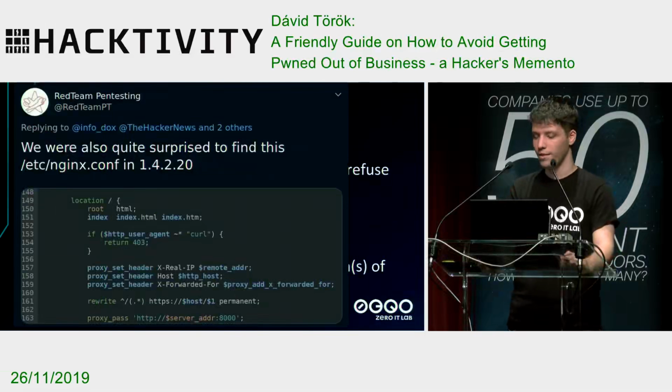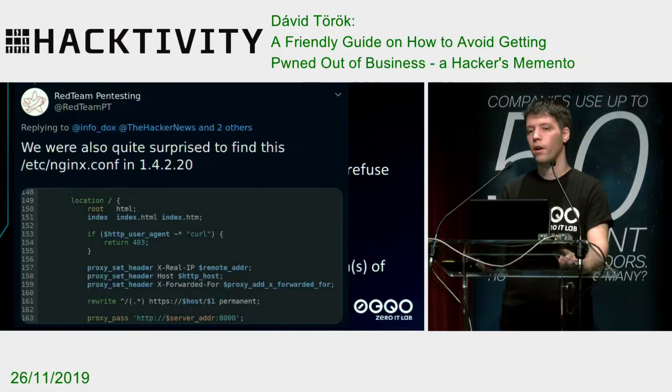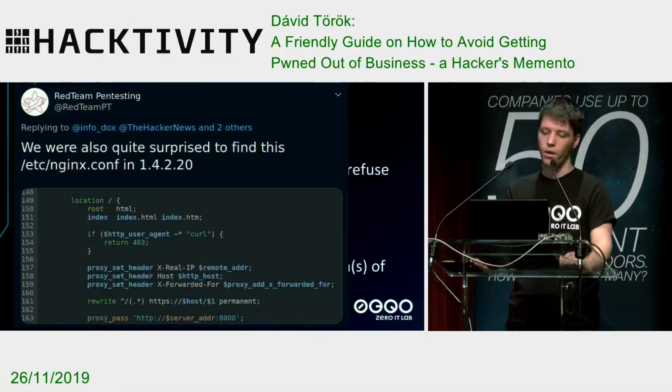Yeah, about bullshit fixes. Let me just show you this one. This was in one of Cisco's products. A researcher submitted an issue. Their proof of concept exploit used the well-known application curl, and their fix or firmware update contained this line of code in their Nginx configuration file.